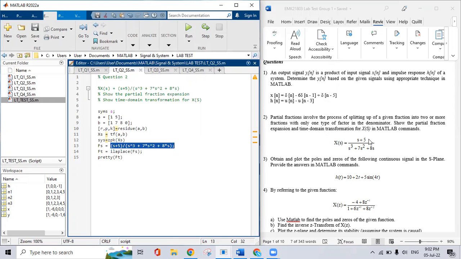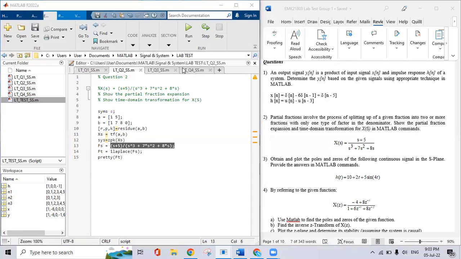Since we have s plus 5 divided by s power 3 plus 7 multiplied by s power 2 plus 8 multiplied by s, we just type it inside here and then we perform inverse Laplace. This inverse Laplace right here will allow us to convert the S domain into time domain, and then we output our result in a much more modern way instead of something like this.